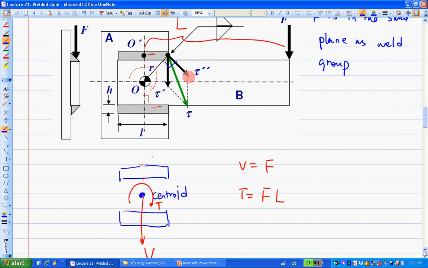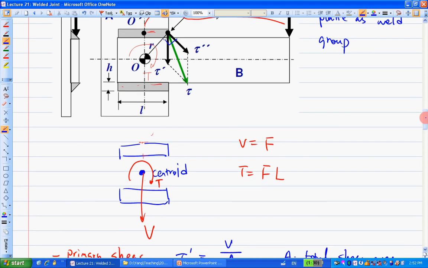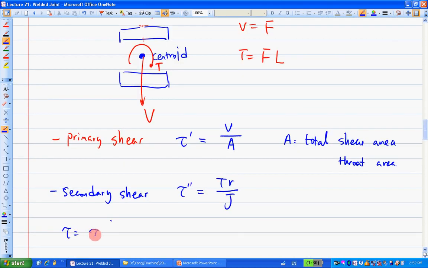Tau double prime is due to the T, and that's perpendicular to the R. Then overall, the tau is the vector addition of these two, the absolute value of the addition of these two gives you the tau.